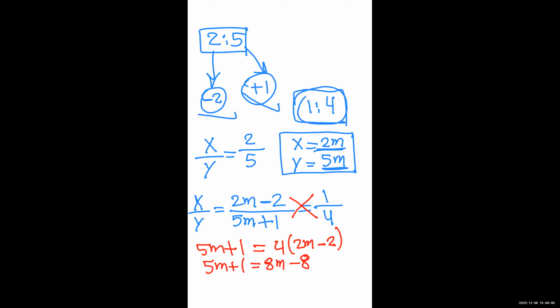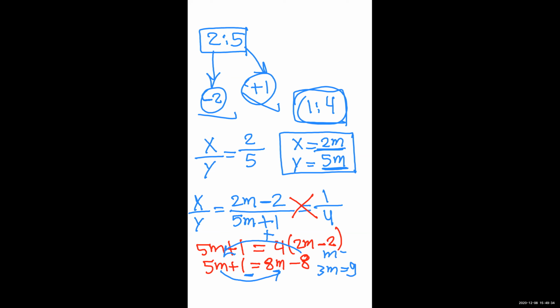Now shift m on one side and the numbers on the other side. 5m to this side, it's positive 5, so negative. Now 8m minus 5m is 3m, and the number 8 was negative, so positive 8. 1 plus 8 means 3m will equal 9.